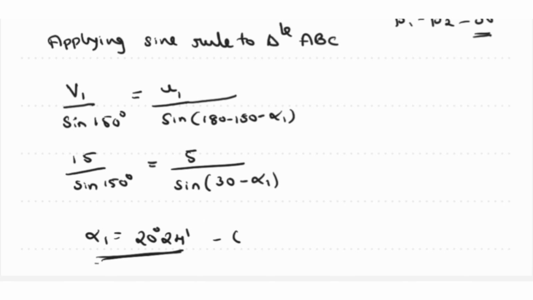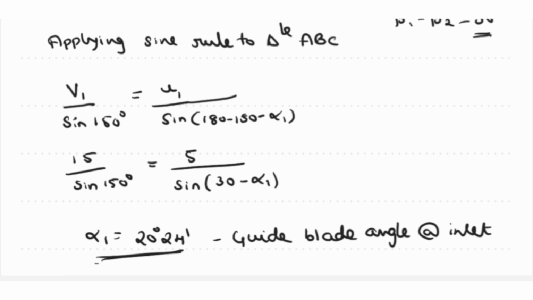So that is nothing but the guide blade angle at inlet. So we have calculated alpha 1.